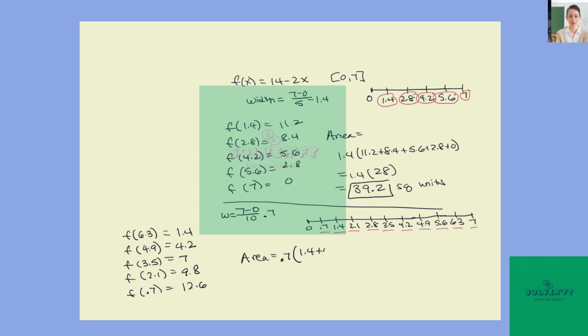I'm going to take the ones that I just got, and then you can see I used 1.4, 2.8, 4.2, 5.6, and 7 up here. So I'm just going to pull those values down now.